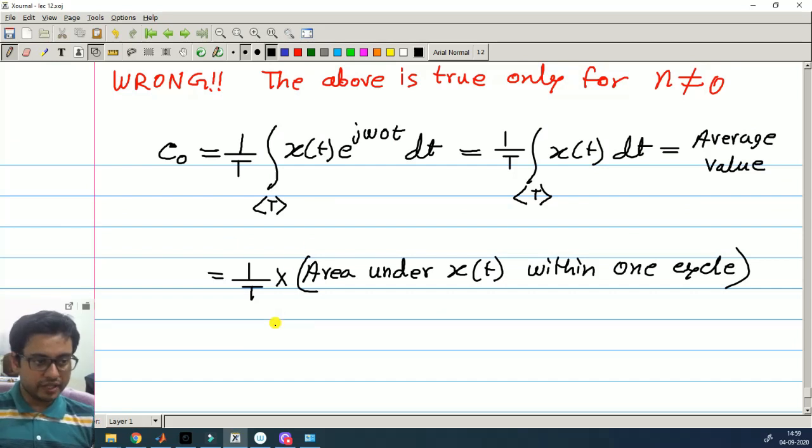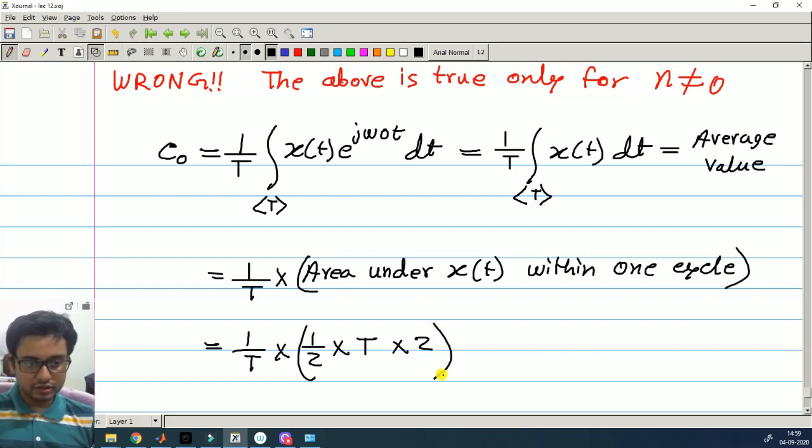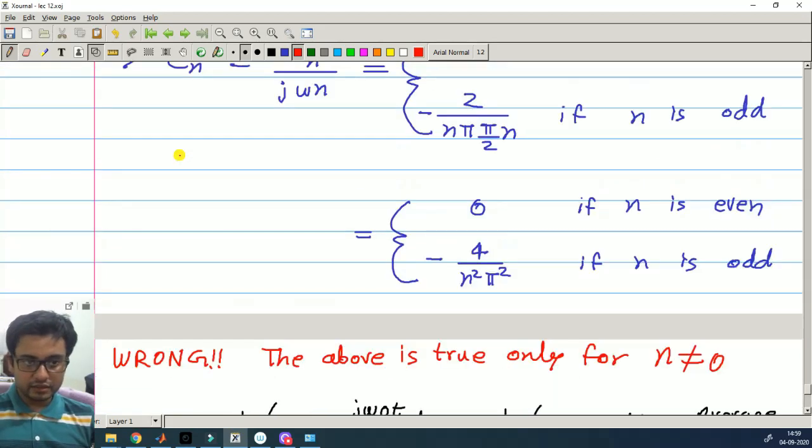So this will be 1 over T into the area, which is half into base, the time period, into amplitude, which is 2, and this becomes 1. So that is the value of C0, and for other n, these are the values of Cn's.